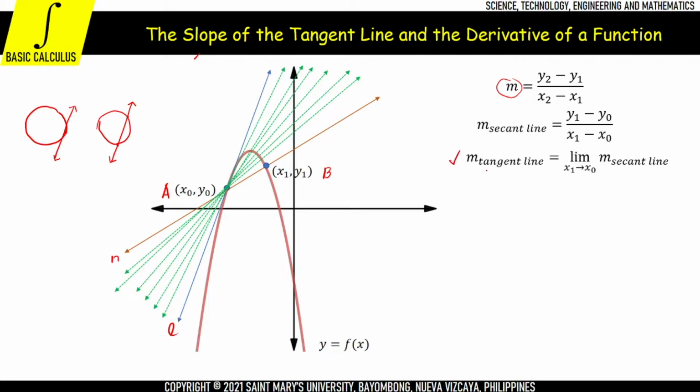Theoretically, the slope of the tangent line will be equal to the limit of the slope of the secant line as x sub 1 approaches x sub 0.